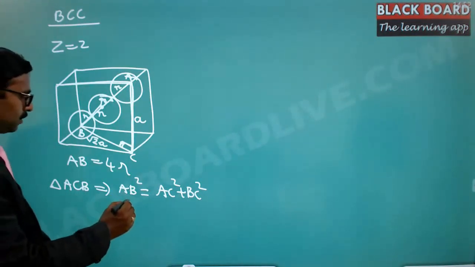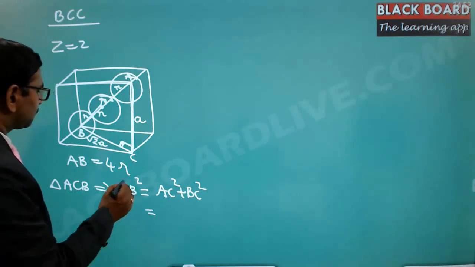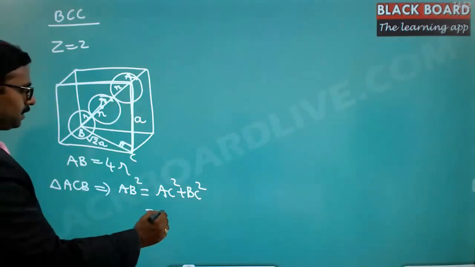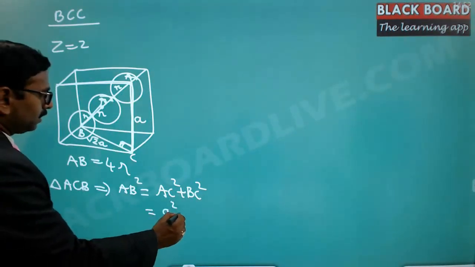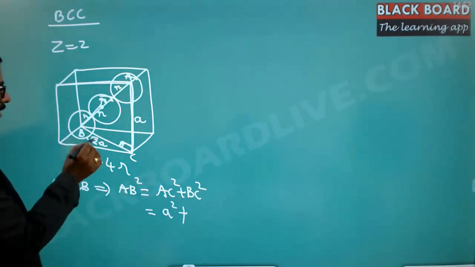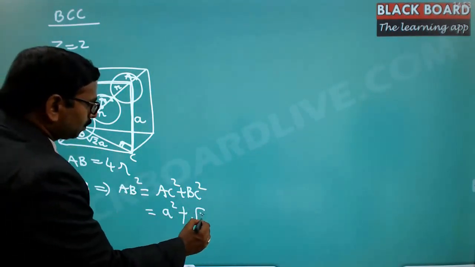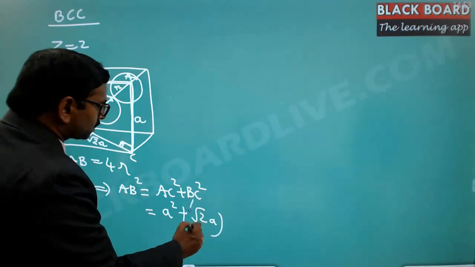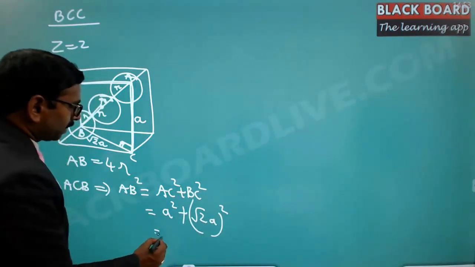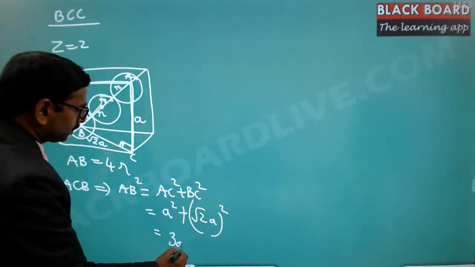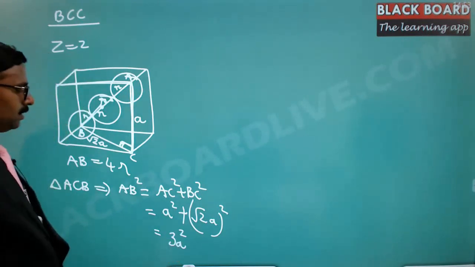AB square is equal to AC, the edge length A, square, plus BC, which is root 2 into A, whole square. Ultimately it becomes 3A square.